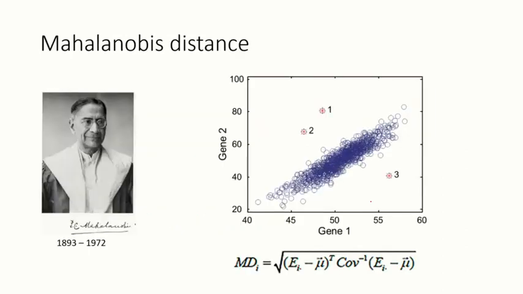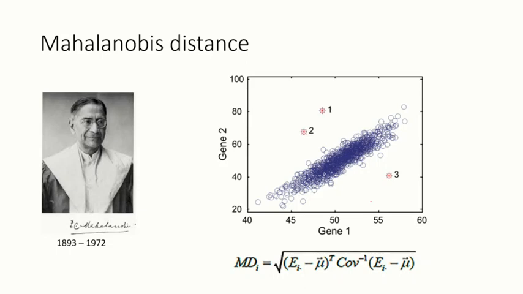Okay, so this is a special distance that's defined by Mahalanobis. He was an Indian mathematician. This is very similar to Euclidean distance. The difference is in this formula.